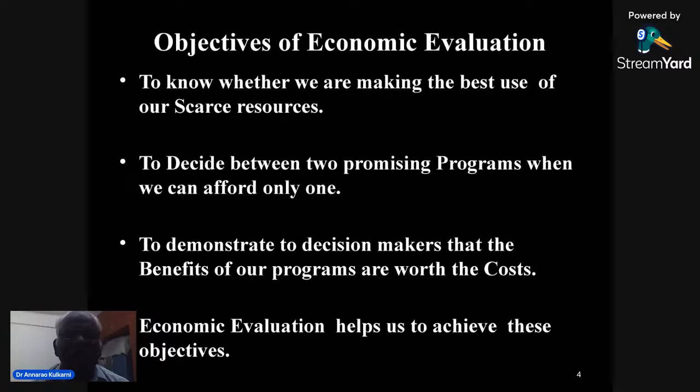Objectives of economic evaluation: to know whether we are making the best use of our scarce resources, to decide between two promising programs when we can afford only one, to demonstrate to decision makers that the benefits of a program are worth the cost. Economic evaluation helps us to achieve these objectives.